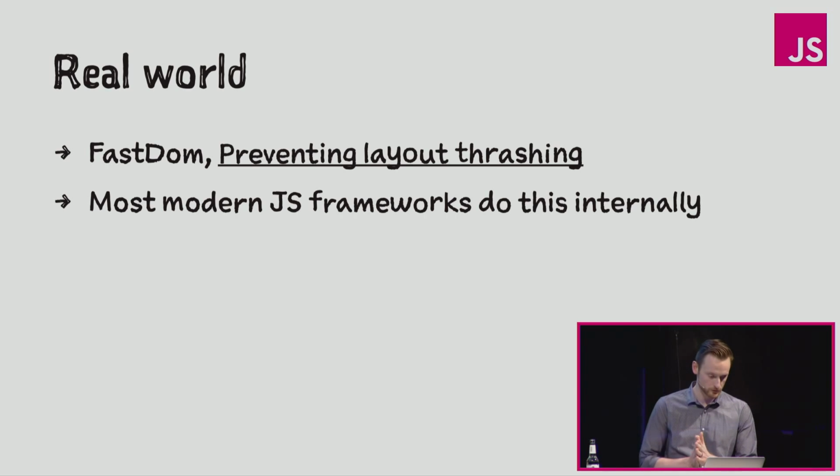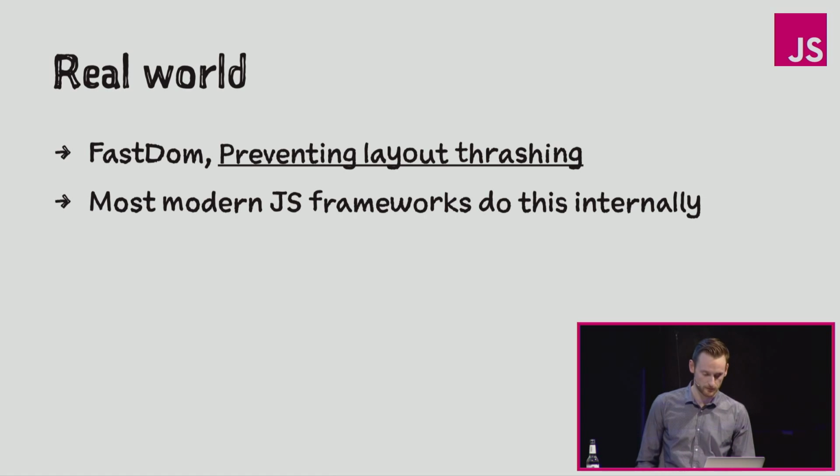They've got a really good article called Preventing Layout Thrashing, which talks about exactly this reading and writing, which I highly recommend you read. FastDOM will give you an API to do all your reads. So you call fastdom.read when you want to read something from the DOM, and likewise you do write, and that'll coordinate the process for you. It'll make sure it batches all the reads, and then it'll do all the writes one after the other.